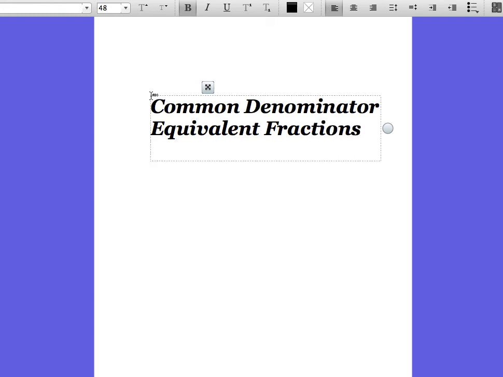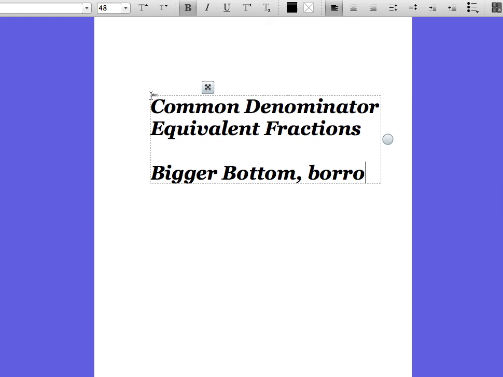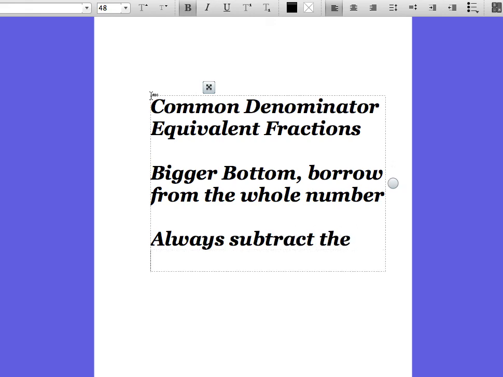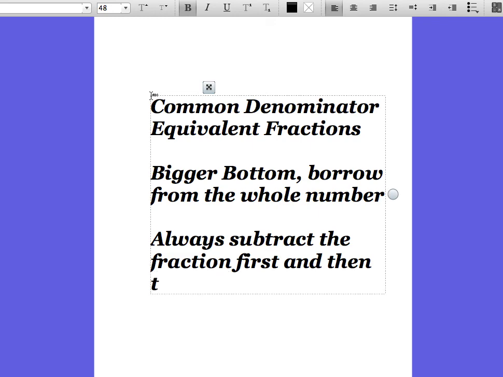You also need to make sure bigger bottom, borrow from the whole number, and always subtract the fraction first and then the whole number.